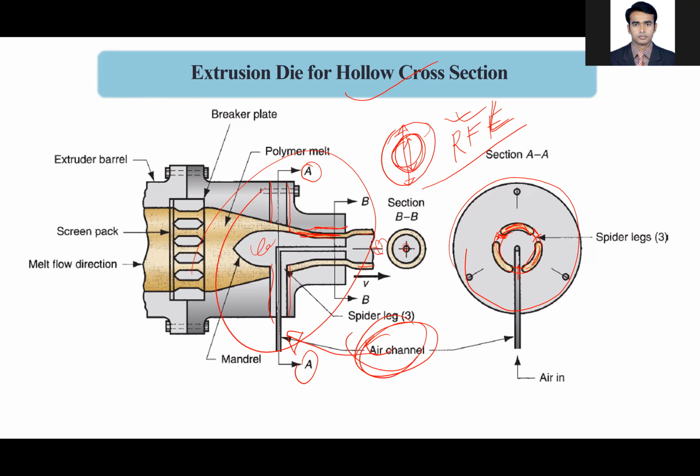Since this air is in contact with the molten plastic, if the air is not reactive to the plastic, then I think there is no problem. You don't need treatment. But if it has contamination, like if you use air without filtering, that might cause an irregular internal surface, and there will be some impurities attached with the plastic.